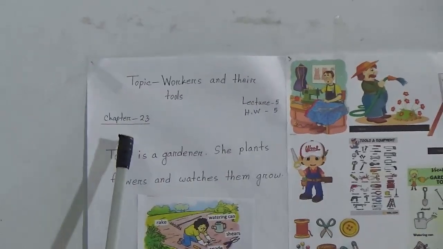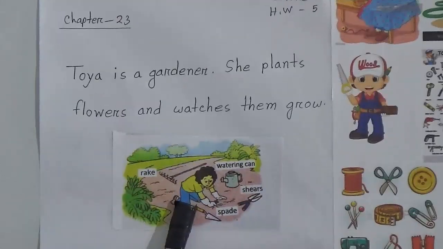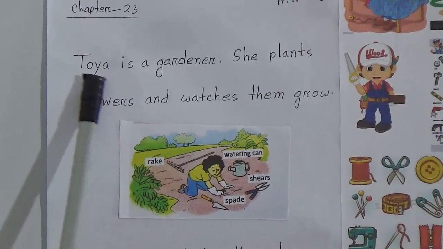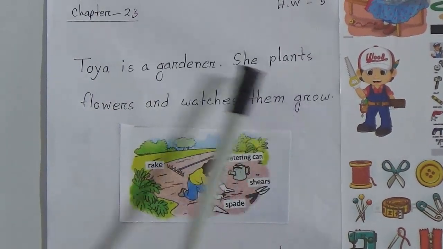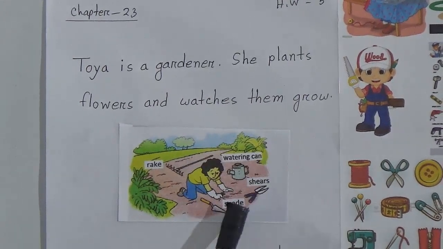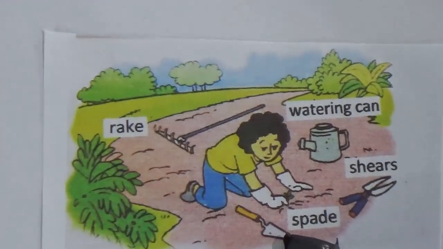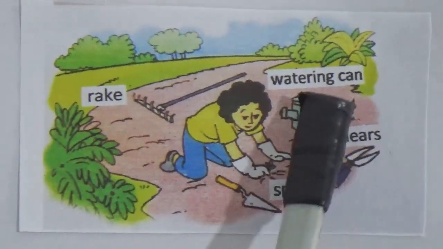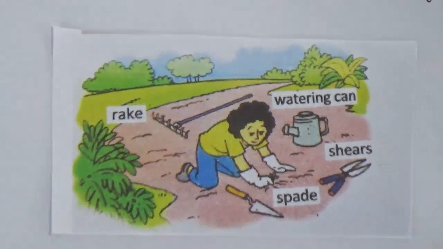So this is chapter 23. You can see here is a picture. Her name is Toya. Toya is a gardener. She plants flowers and watches them grow. And she is using some tools here: a spade, shears, a watering can and this is a rake.